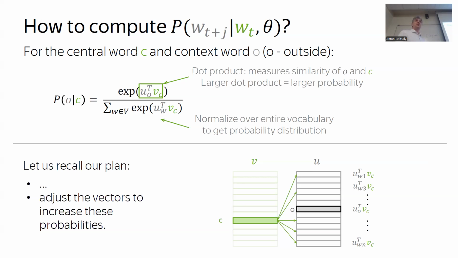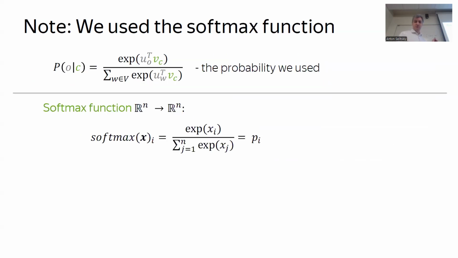At this point, it looks like by time complexity, it's no better than count-based methods. But why did word2vec become very popular? Because of two optimization tricks. But before we go to these optimization tricks, I think we have a few slides about the model itself.